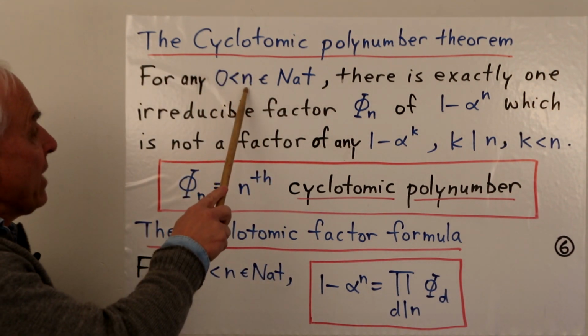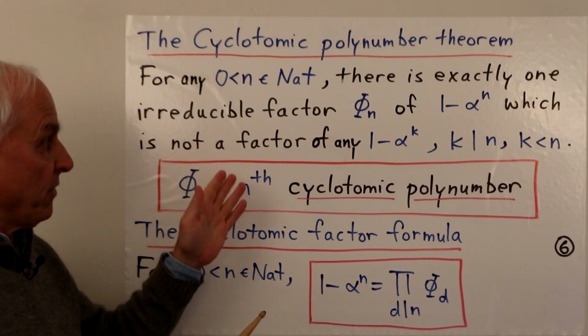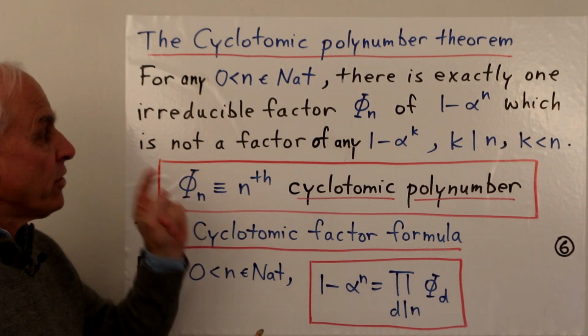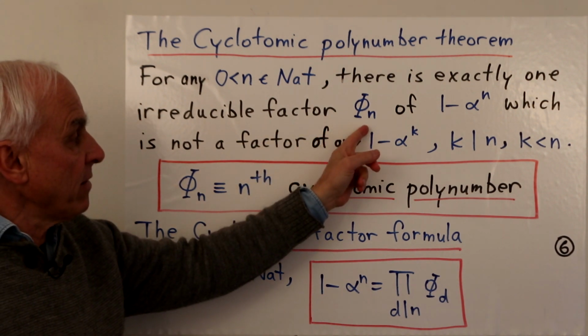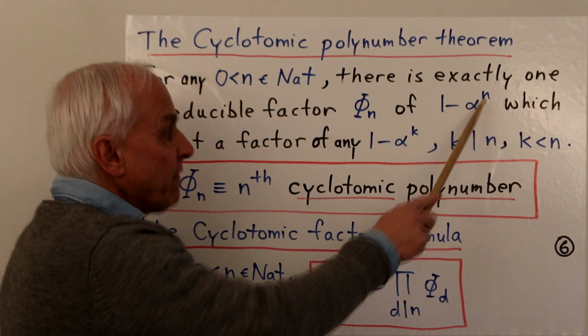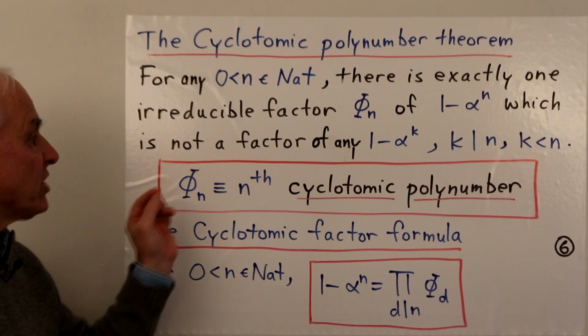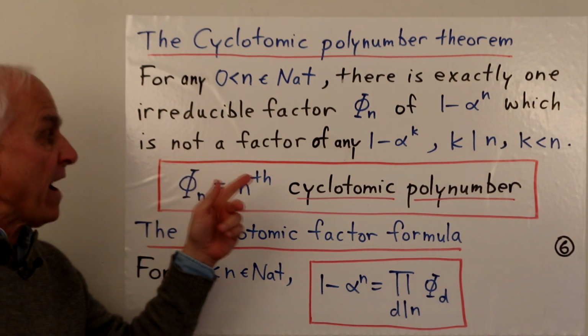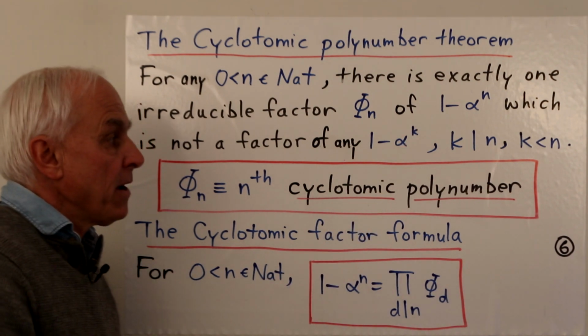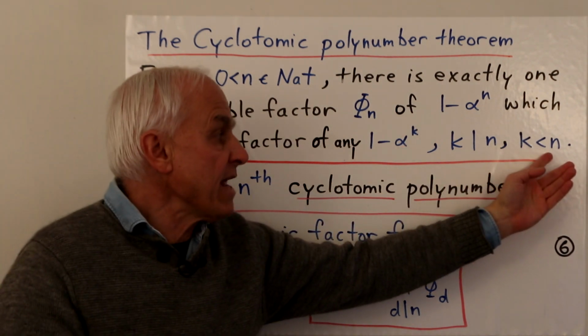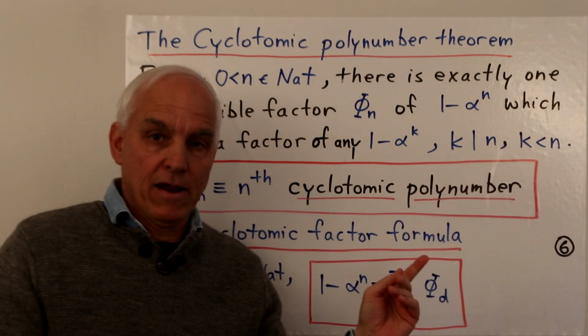For any natural number n, which is bigger than 0, so starting with 1, there is exactly one irreducible factor phi sub n of 1 minus alpha to the n, which is not a factor of any 1 minus alpha to the k, where k is some number less than n dividing n.